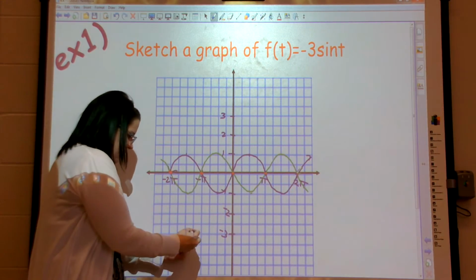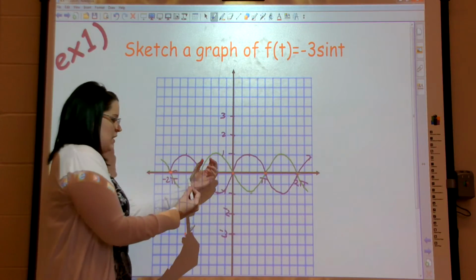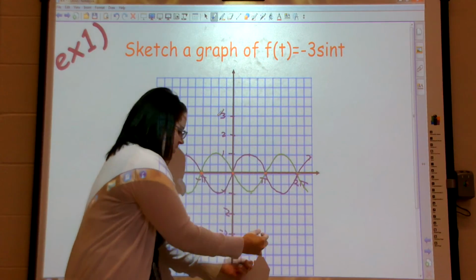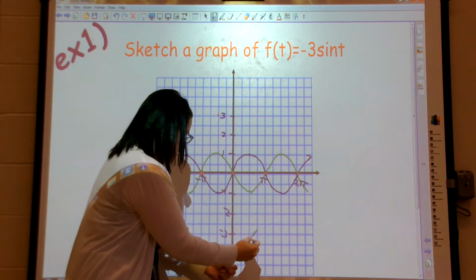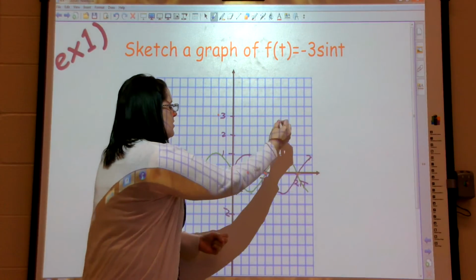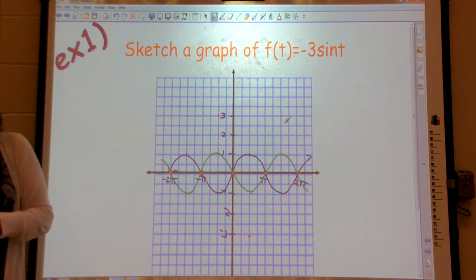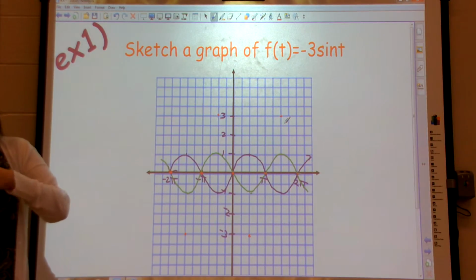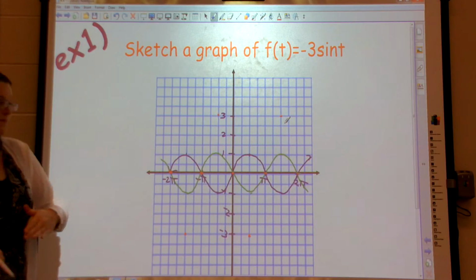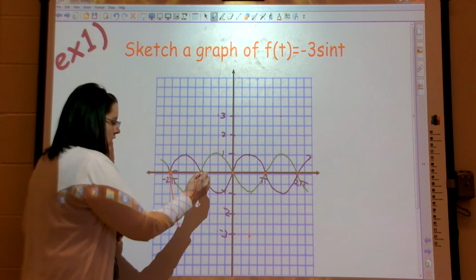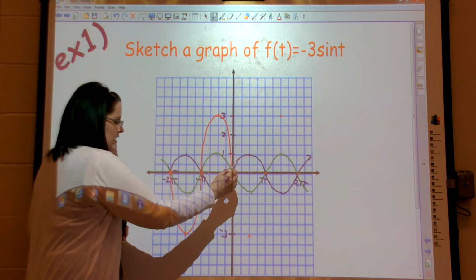It's going to go down to -3. This max is going to go up to 3, then down to -3, up to 3. You're always building one step further. Try to make them curvy, not pointy.